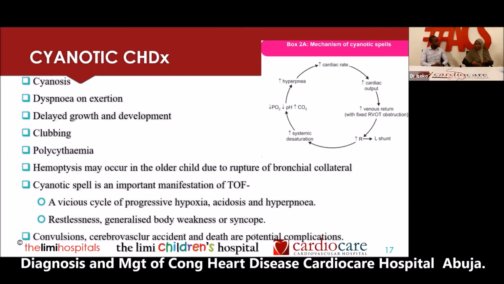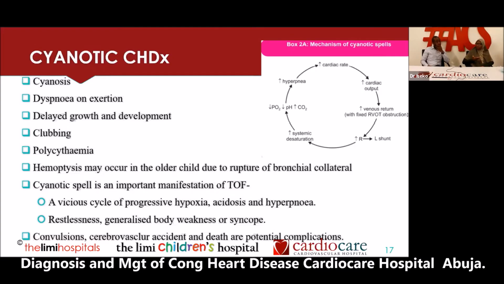In fact, a number of parents will give you the description: after walking for a while, the child just squats, trying to regain some strength before continuing the walk. So a number of times he gives it away, and then there will also be complaint of poor growth, especially when you have older siblings.